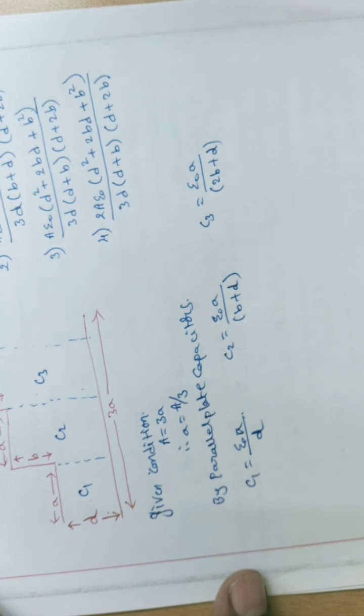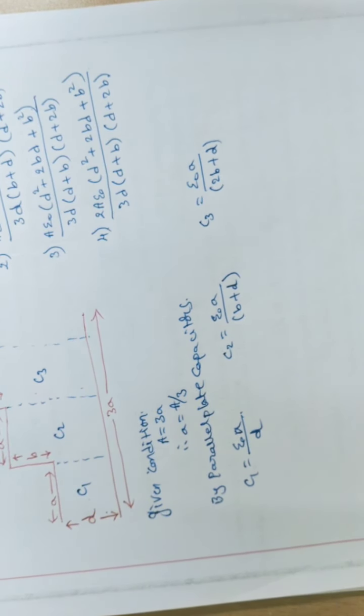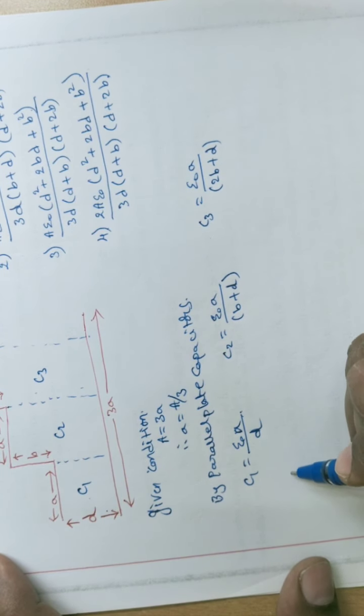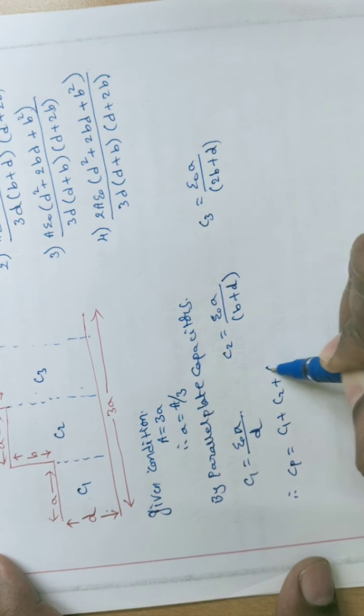These three are in parallel combination. So Cp is equal to C1 plus C2 plus C3.